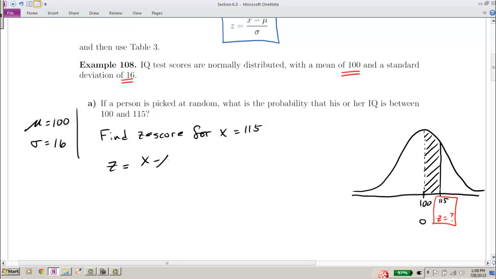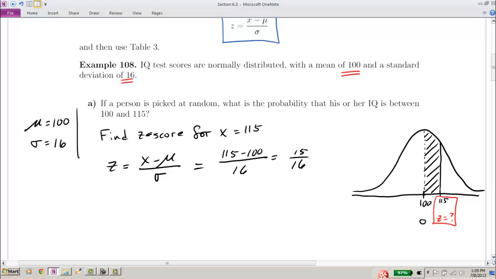The z-score formula is x minus mu over sigma. So this is 115 minus 100 divided by 16, or 15 over 16. Now, we have a z-score as a fraction, but we need it as a decimal, because that's how our table has it.